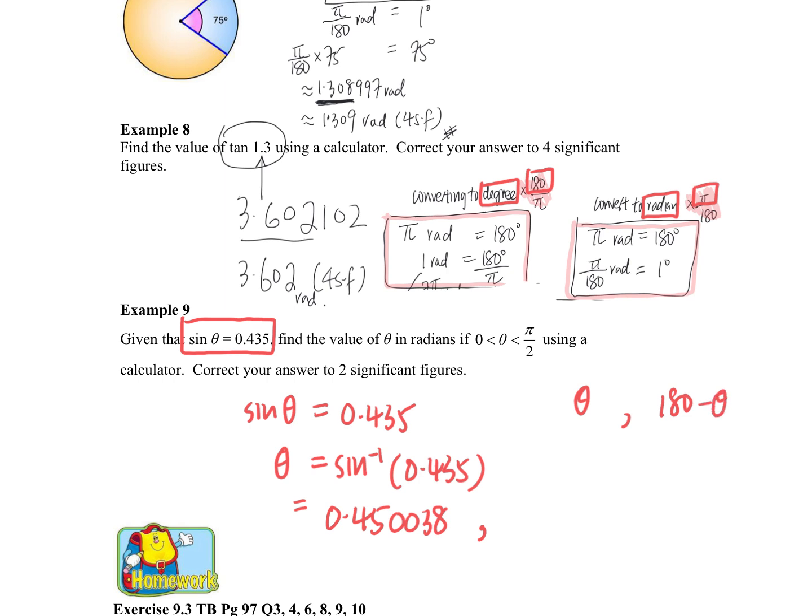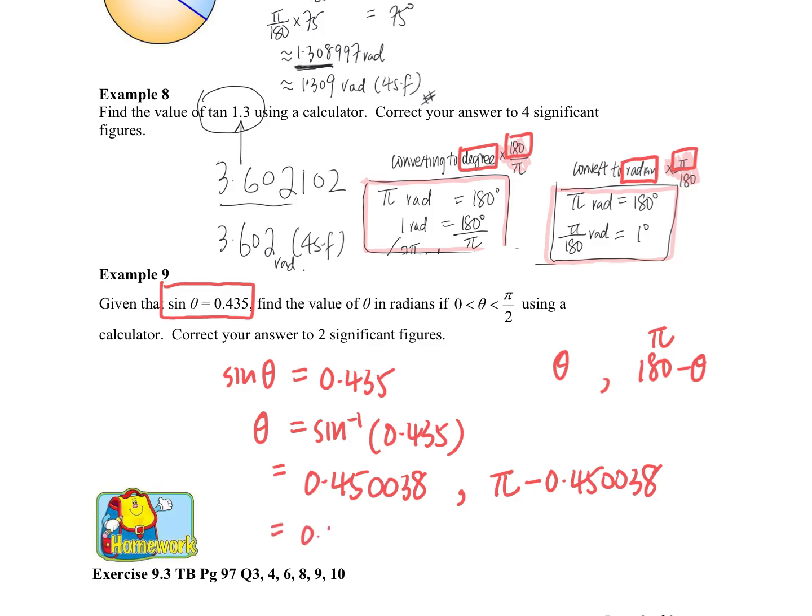So we don't use 180, we use pi now. So pi minus this answer to find the second one. So 2SF for your answer. They want 2SF. Okay, and then this one is pi minus, so 2SF is 2.7. Yes. When it's in radians, you must use everything in radians.